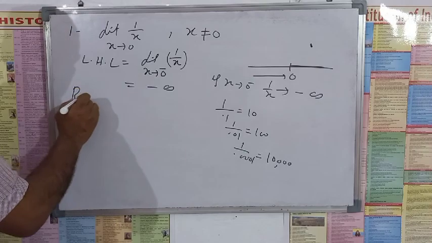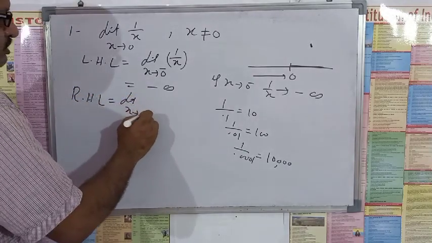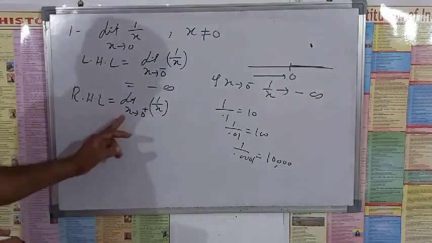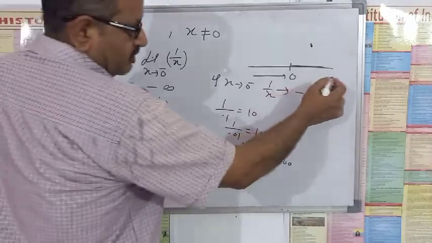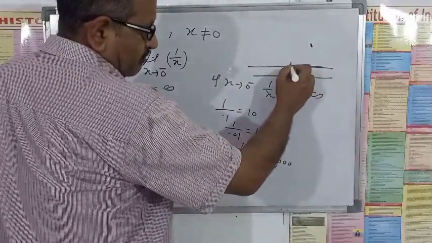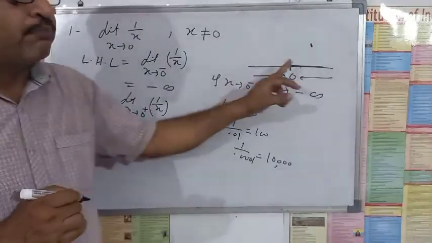But if we take the right hand limit, we will write limit x tends to 0 plus of 1 by x. As x tends to 0 from the right side, we have to take the value of x very small but positive.